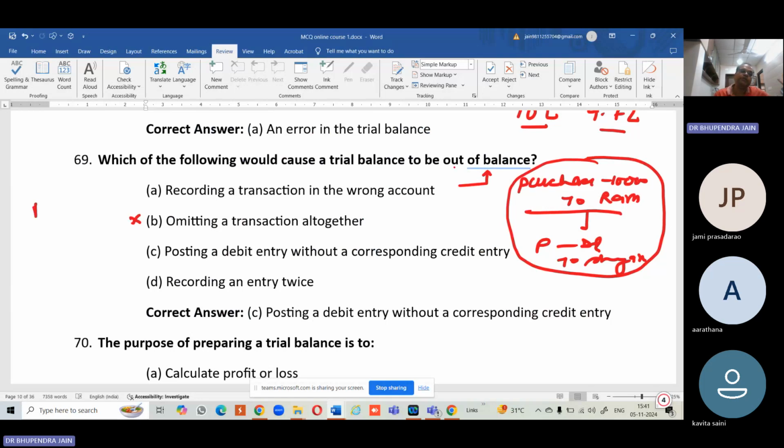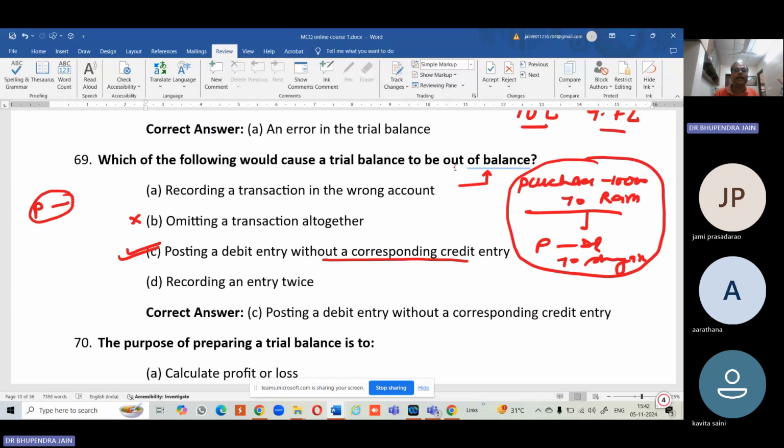Suppose for one entry, purchase account debit to Ram, you fail to pass the entry. You fail to record the entry. This will not affect the total of the trial balance. Next, the posting of a debit entry without the corresponding credit entry. Yes, this should be the right answer. You have posted only one side and failed to post the other side. So once you fail to post on any side, the totals will definitely not match.